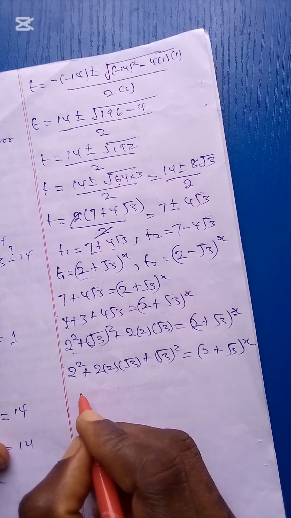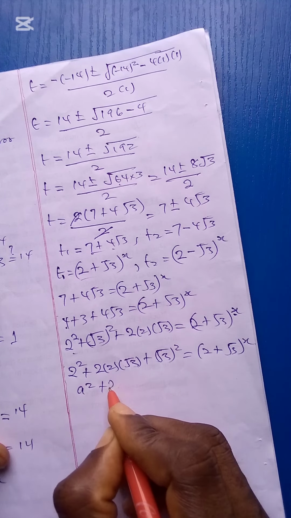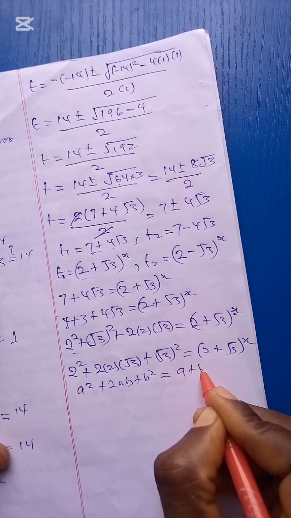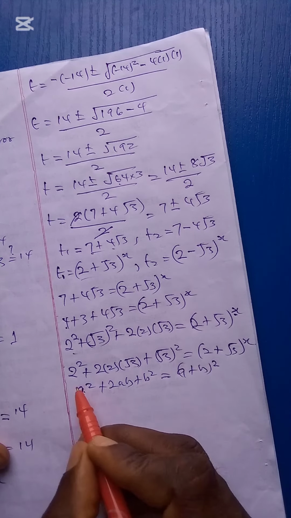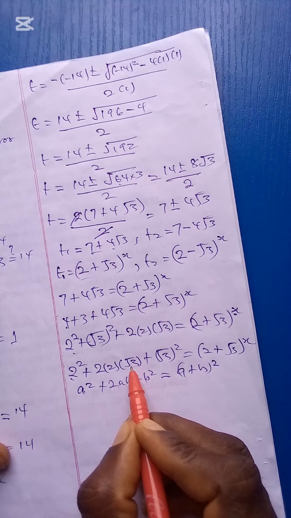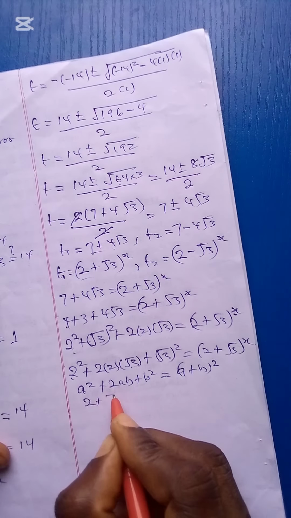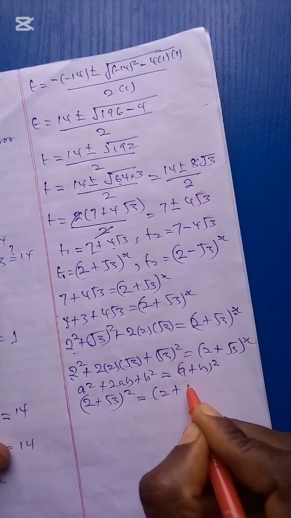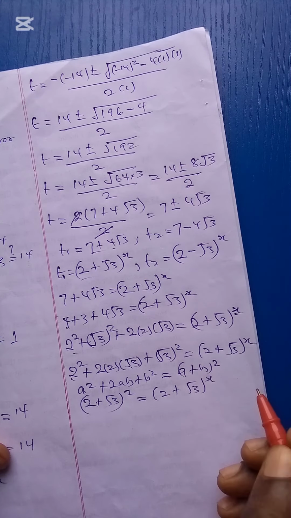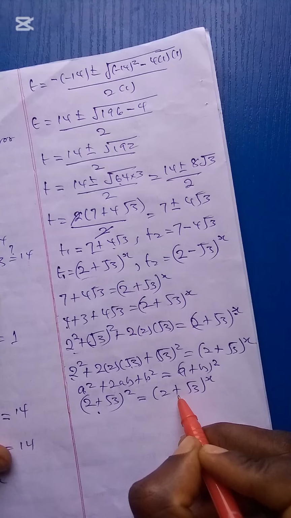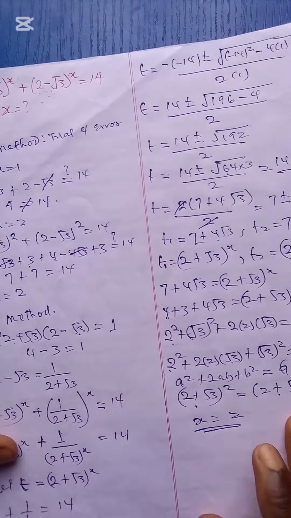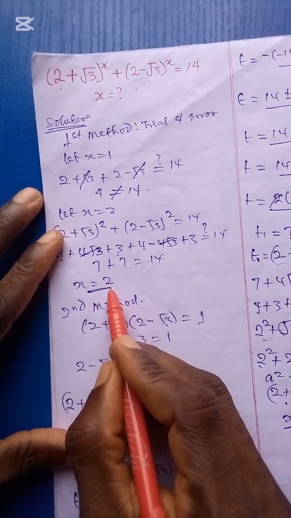This is now in the form a squared plus 2ab plus b squared is equal to (a + b) squared, where a is 2 and b is √3. Therefore, (2 + √3)^2 is equal to (2 + √3)^x. This and this are the same thing, so x is equal to 2, just as we had in the first method that we used.